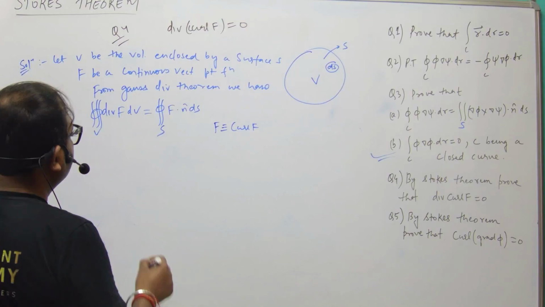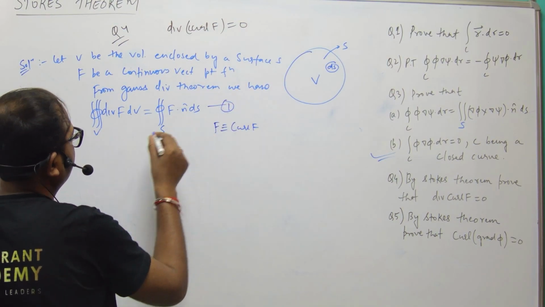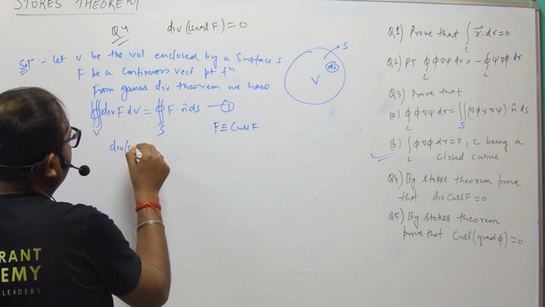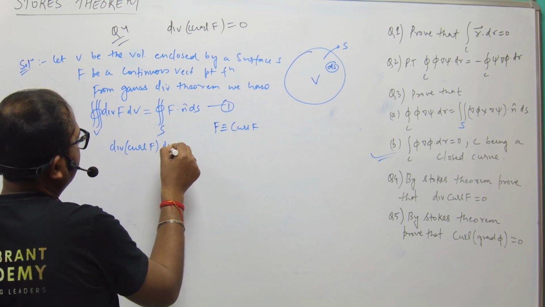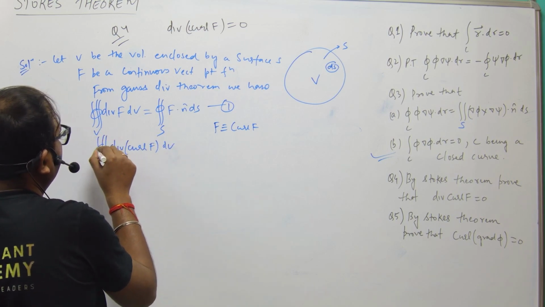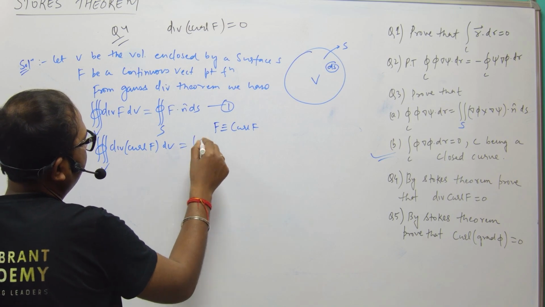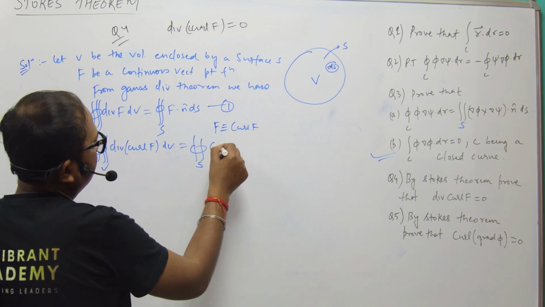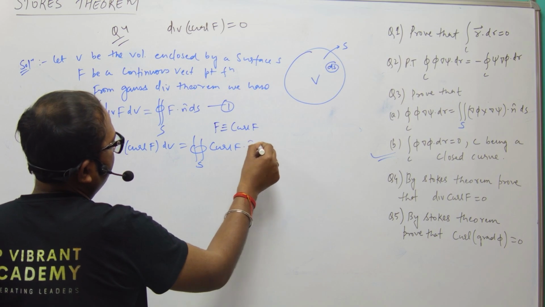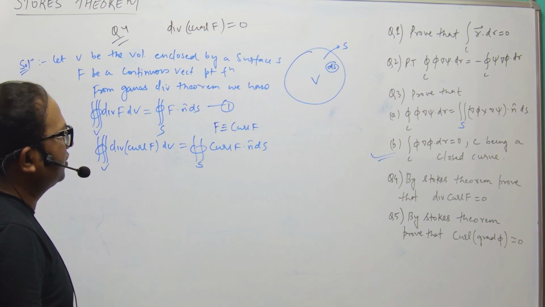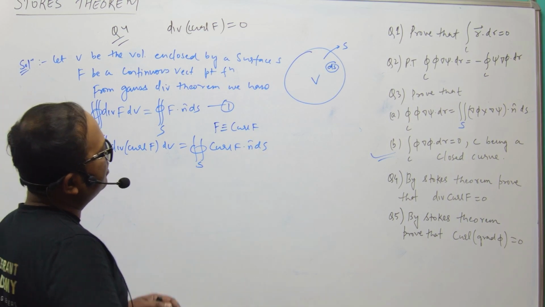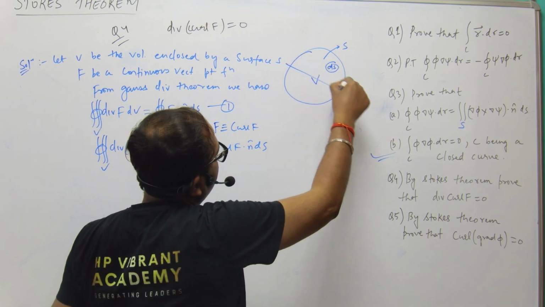Let us take this as an equation. The volume integral of divergence of curl of f dV along the volume V is equal to the surface integral of curl of f dot n cap dS.